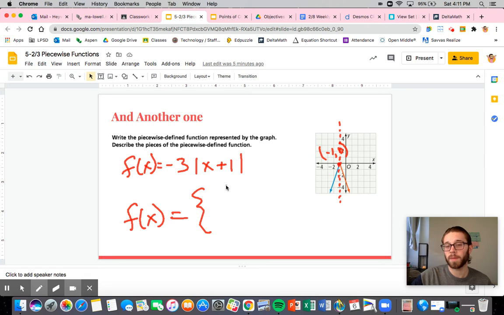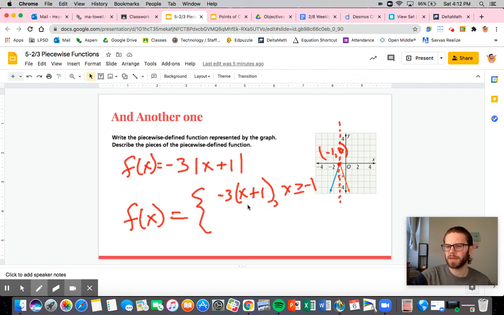We just need to be careful because we need to write the correct equation. So this side, we're still going to do x plus 1, it's just going to be for x greater than -1.